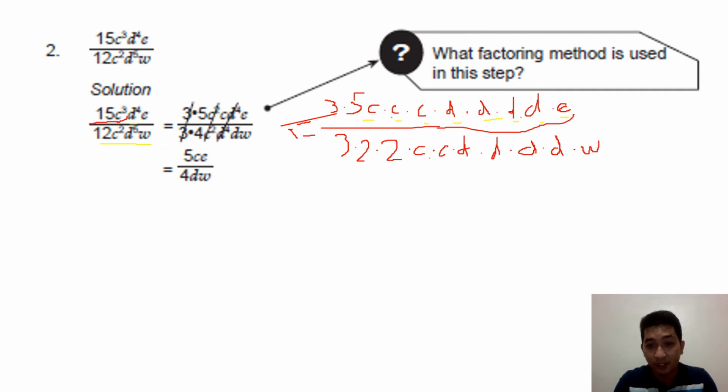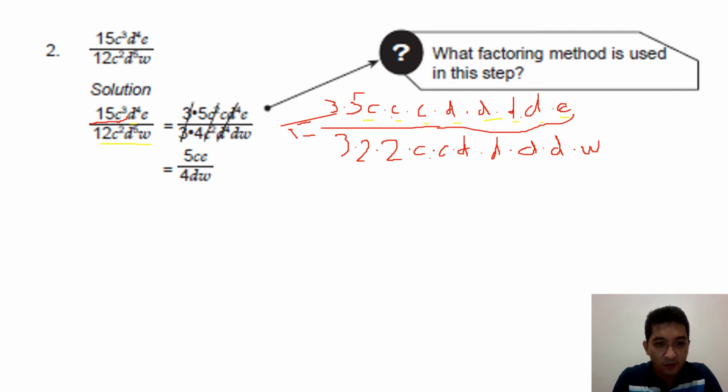Since we're looking for the prime factorization, let's first look at the prime factors that can make 12. What prime numbers, when multiplied, give 12? There are many. We have 3, 2, and 2. 3 times 2 is 6, times 2 is 12.